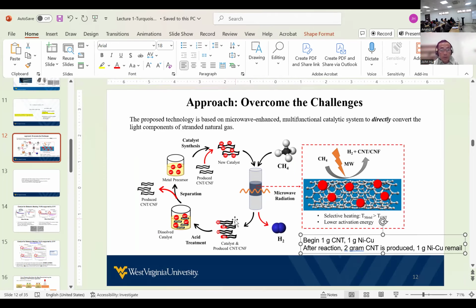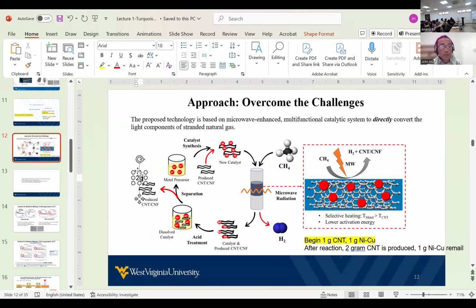So if you look at this mixture, it is actually a total of 3 gram of CNT and 1 gram nickel copper. Keep in mind, coming back to the reactor, I only need 1 gram CNT and 1 gram nickel copper. All right. So that means 2 gram need to be gone.